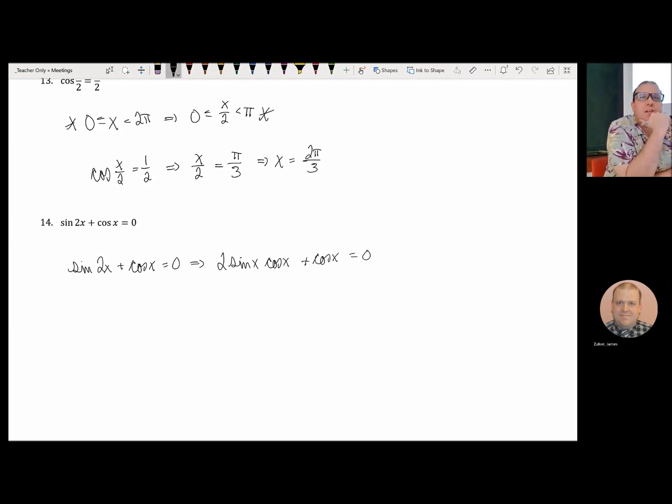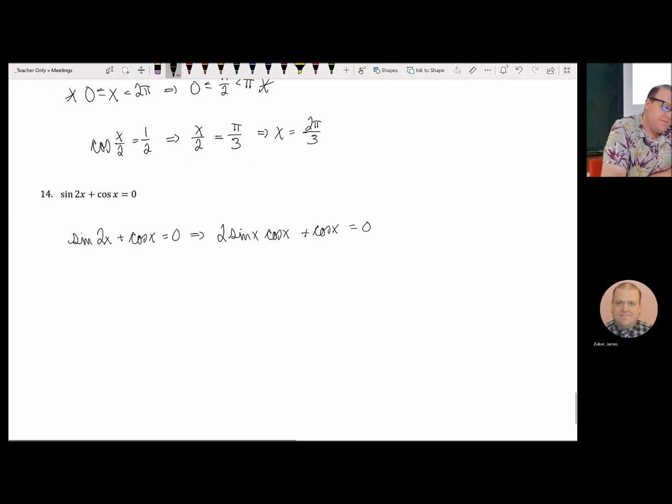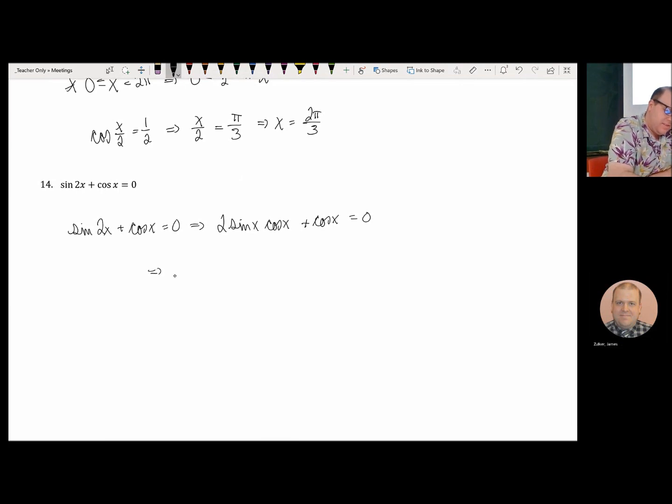Two sine x cosine x plus cosine x is equal to 0. The cosine times 2 sine plus 1 has to be 0. So either cosine is 0, or sine is negative 1/2.